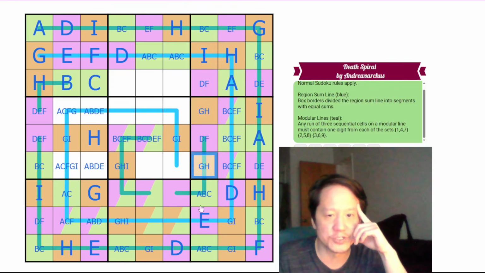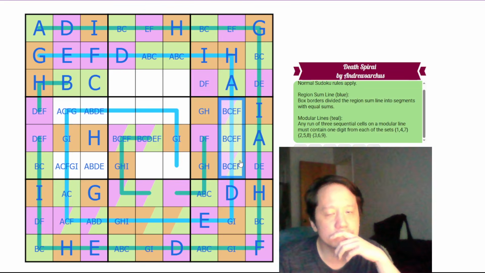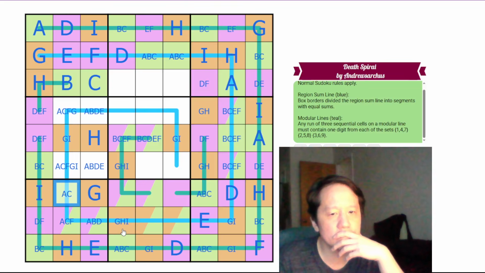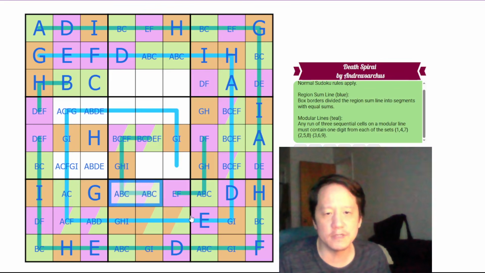Yeah, that is the question. This digit has to be the same as this, which means it's one of these two. This is E or F. This is A, B, C, E or F. Okay.